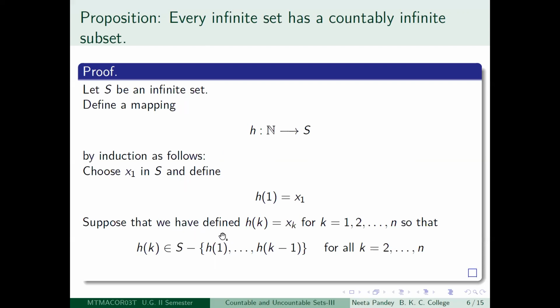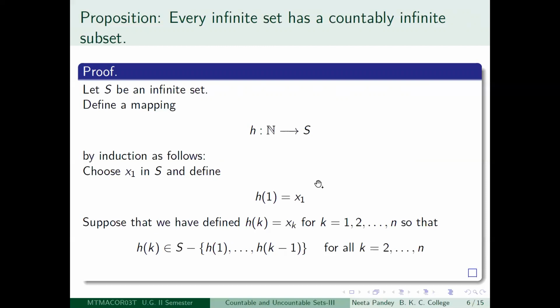So precisely speaking, what we say is that suppose we have chosen hk for k equal to 1 to n, and the notation is that hk is equal to xk, suppose. Then how have you chosen this? You are assuming that hk is in the complement of the set h1, h2, up to h(k minus 1) in S. So hk should belong to S minus this set.